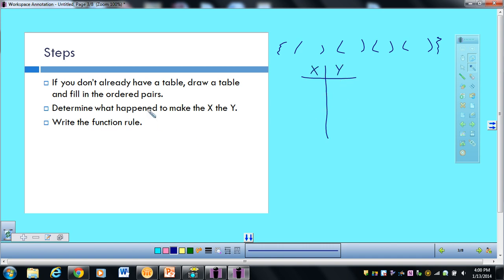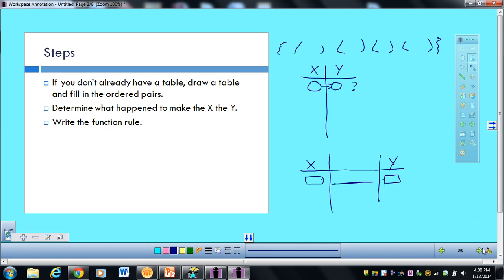And then you're going to determine what happened from here to here to get that y, and then you're going to be able to write your function rule. So really, it's almost like you're creating that extra space there. They're going to give you this value, and they're going to give you this value, so you need to determine what happened in here in order to get from here to here.